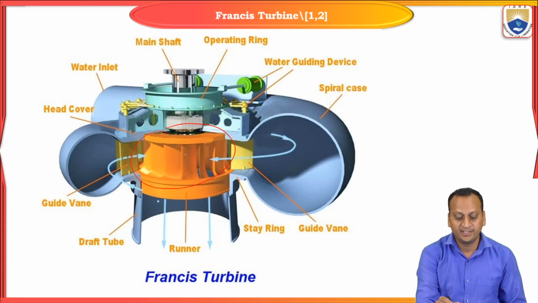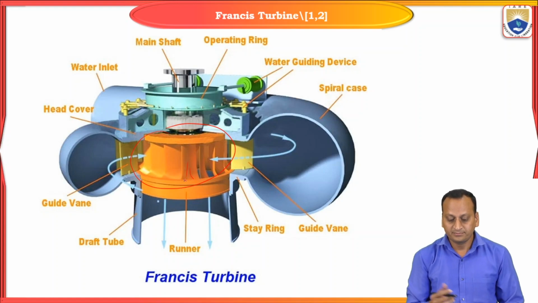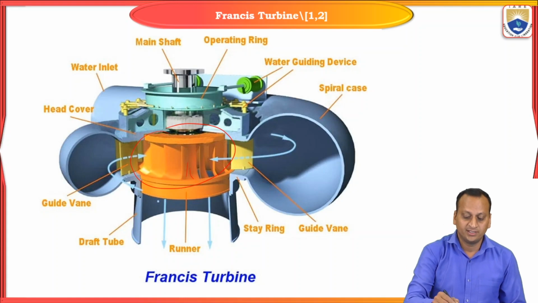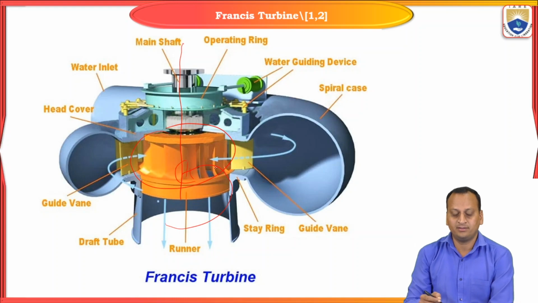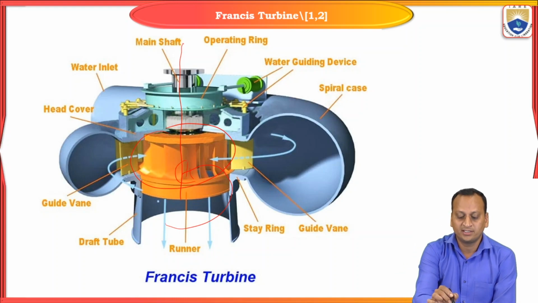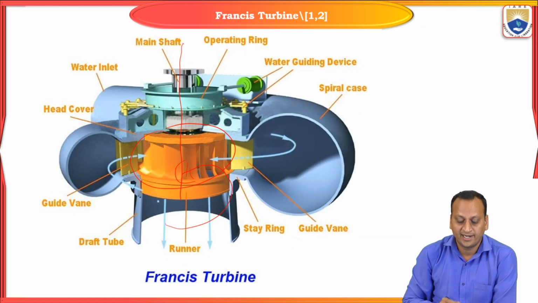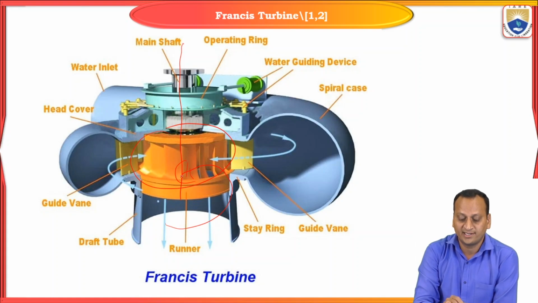So the blade is made into two parts. The upper half will be extracting the force due to kinetic energy. In this diagram, the position of the shaft is vertical. Therefore, the rotation of the turbine will be in the horizontal plane. In the vertical direction, there is a shaft, and it is completely enclosed in a watertight casing.